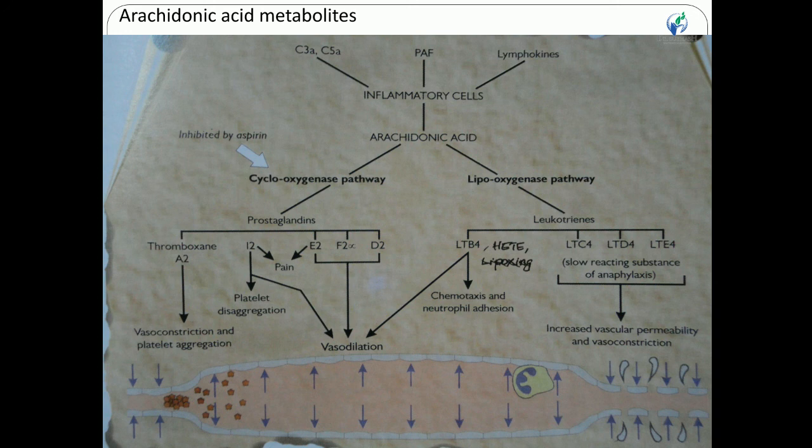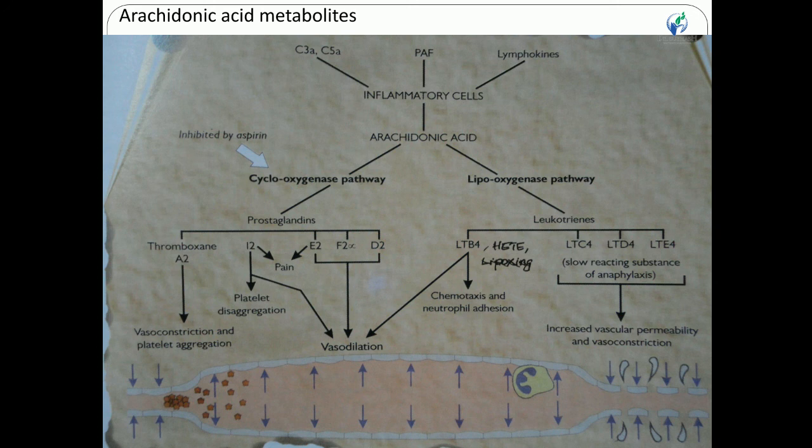E2, F2 and D2 are the prostaglandins: prostaglandin E2, prostaglandin F2 alpha and prostaglandin D2, right? So during this cyclooxygenase pathway, there will be a release of these specific metabolites. First, thromboxane A2. Second, I2. Next, prostaglandin E2, prostaglandin F2 alpha and prostaglandin D2.